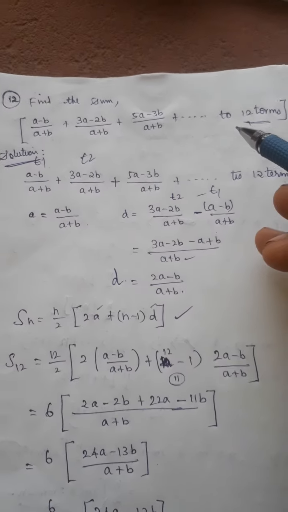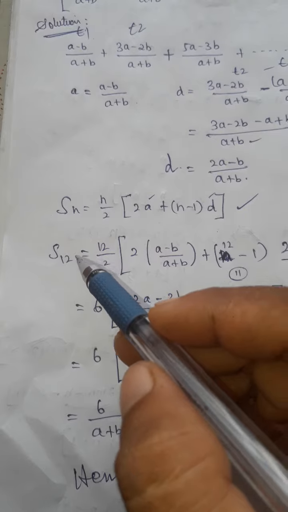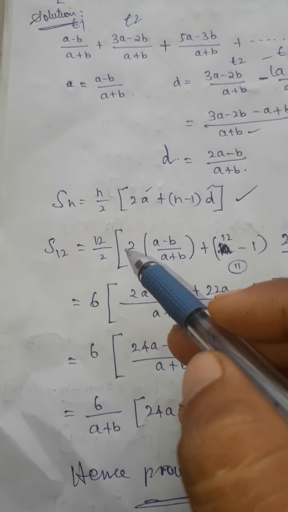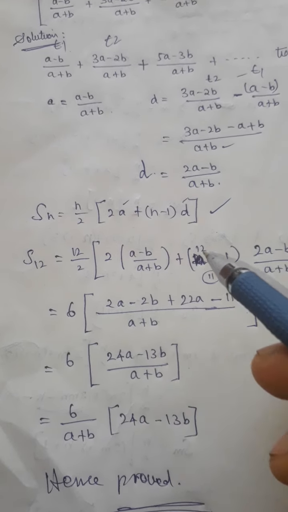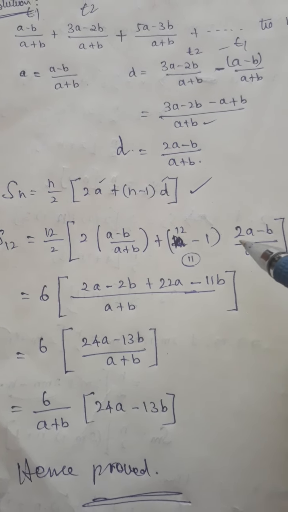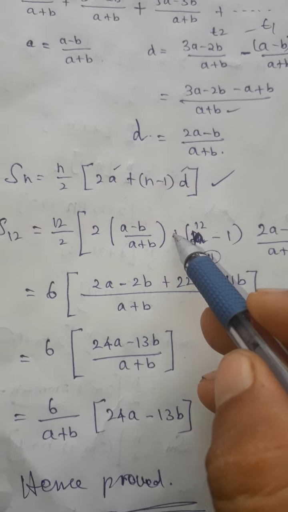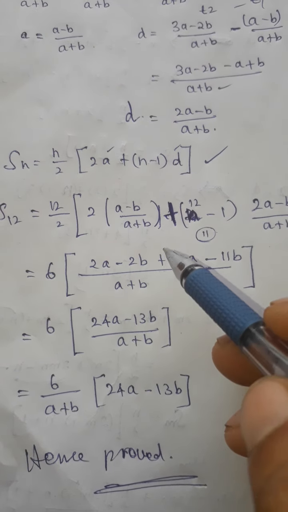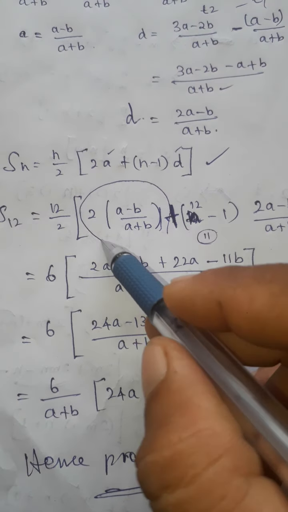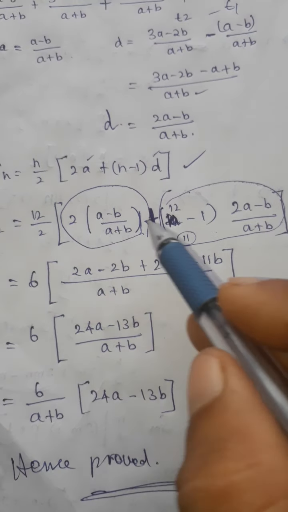So how many terms are given? 12 terms. So S12, the n value is 12: S12 equals 12 by 2 into a value a minus b divided by a plus b, plus n value 12 minus 1 into 2a minus b divided by a plus b. Here the plus is in the center, with two terms, one on each side.